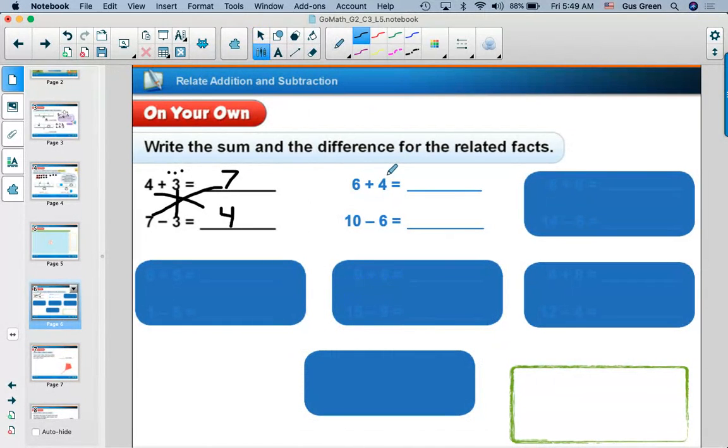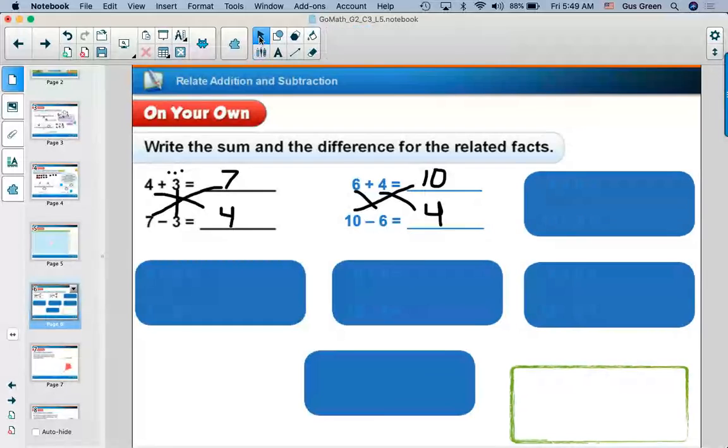6 plus 4. I'm fast at that one because it's a combination of 10. So if we know that 6 plus 4 is 10, then 10 minus 6, look at our numbers, has to be 4. Related subtraction fact.